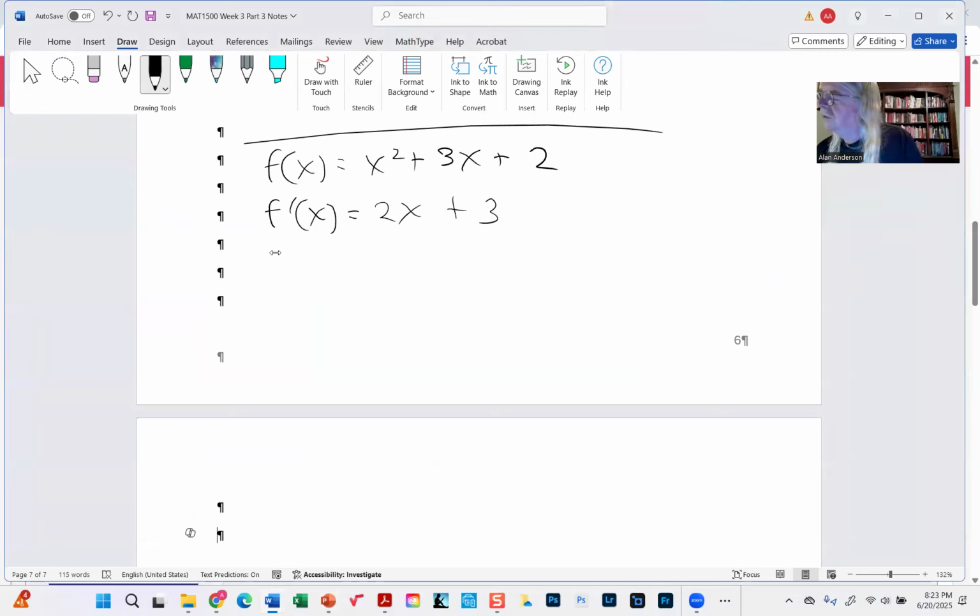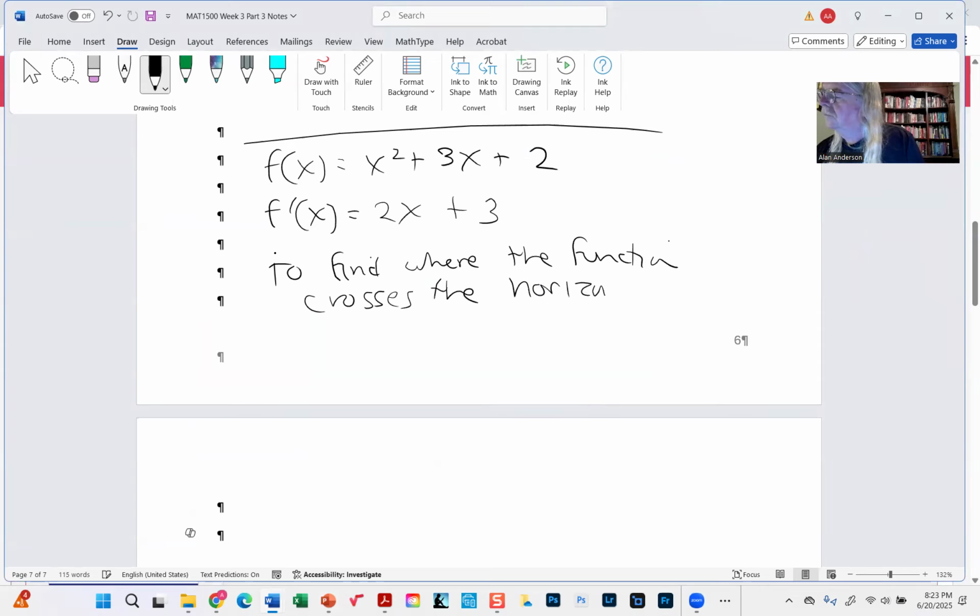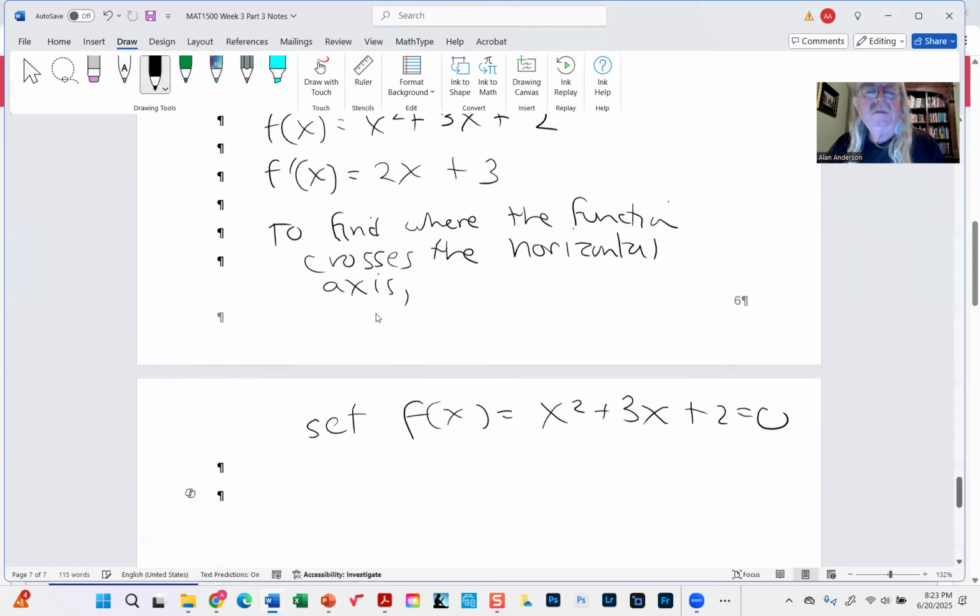So to find the intercepts, set this equal to 0.